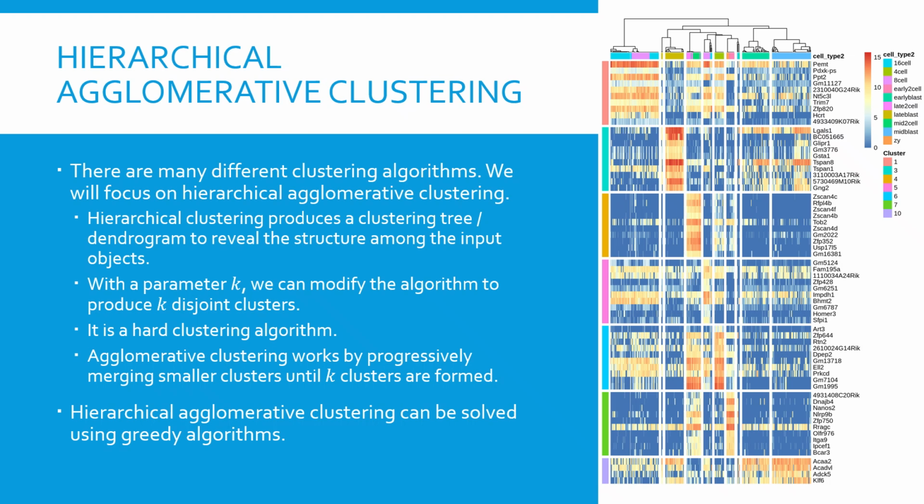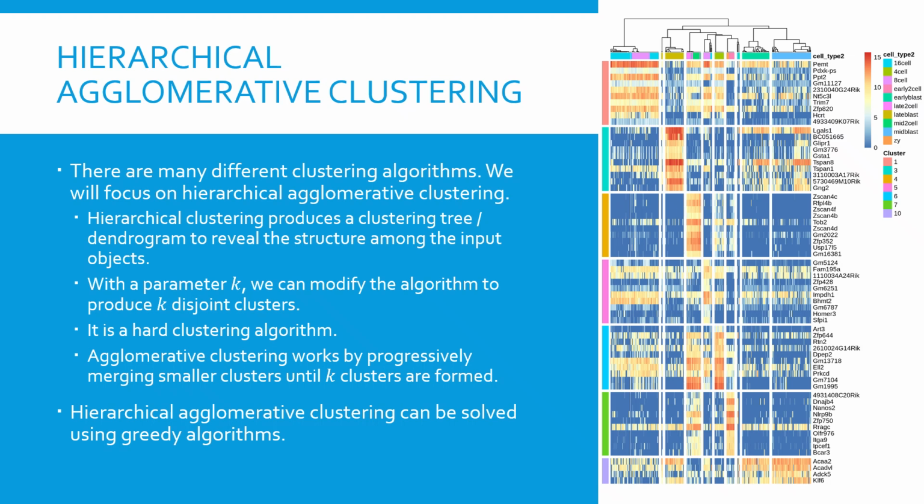Like k-means, if we specify a value k, the method can cut the dendrogram to produce k disjoint clusters. For this reason, hierarchical clustering is treated as a hard clustering method. Without specifying k, it simply generates the full dendrogram.